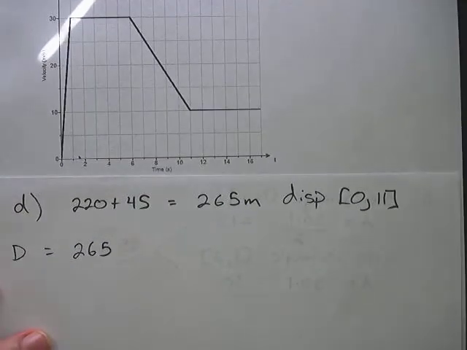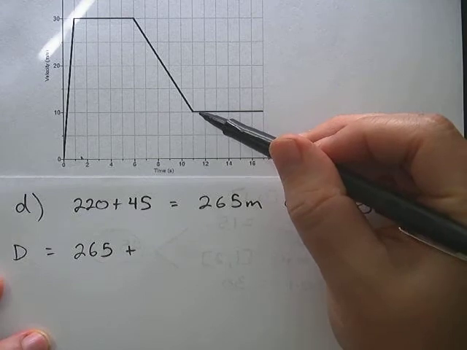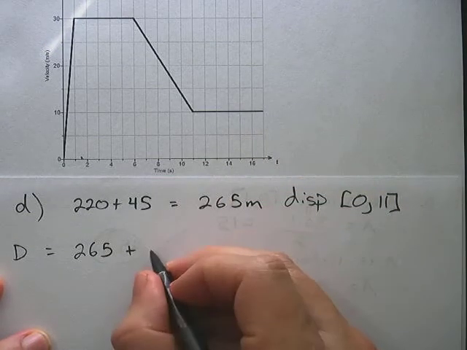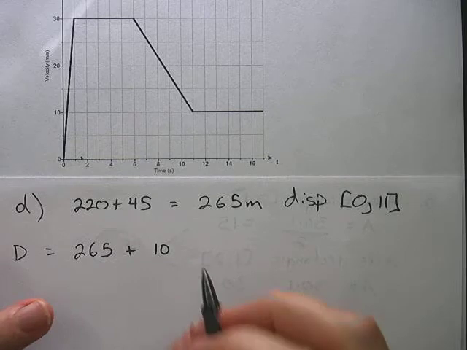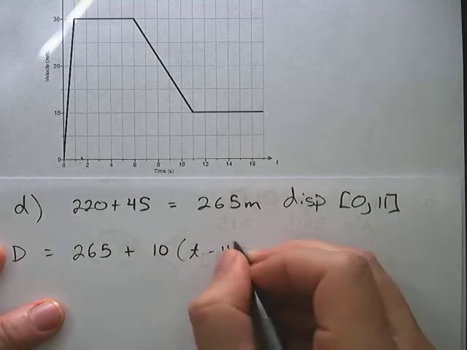So the first thing we'll do is we'll have 265, and we'll call this D for displacement, 265 plus, it looks like it's a constant velocity here of 10. So we'll say every second after that has a velocity of 10 for every second, and then we're going to say t minus 11.